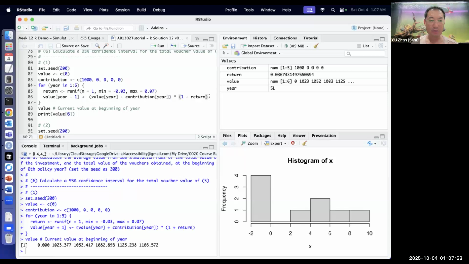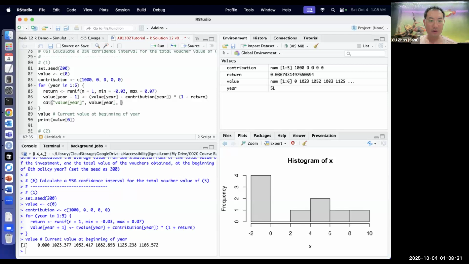Okay, I think it may work to display this one. Why not we do a CAT? Let's say value year, the year is value year.